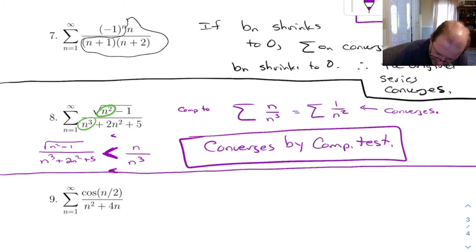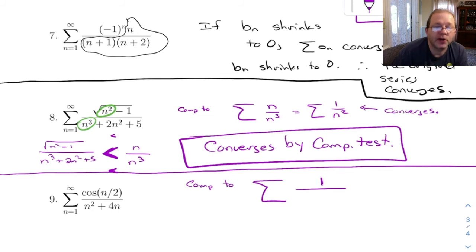So let's compare to something. On the top we've got a cosine, so I'm going to put a 1 here in place of the cosine, because cosine is always smaller than 1. And on bottom we've got an n squared. Now this is the same series we compared to before. This is going to converge, because it's a p series with p equal to 2.